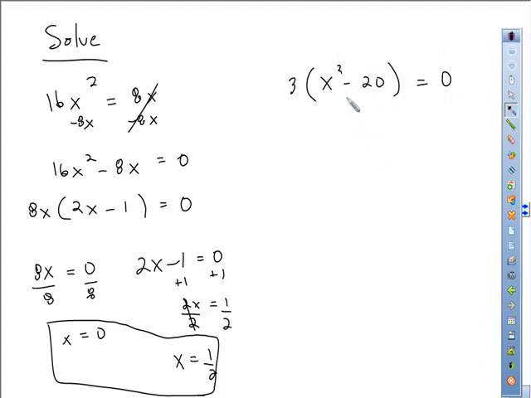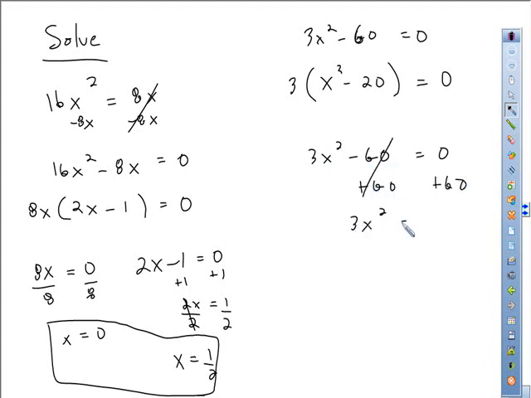Let's say the original problem here would have been 3x squared minus 60 is equal to 0. If you're going to solve 3x squared minus 60 is equal to 0 using the square roots method, you have to try and get x squared by itself. So you would add 60 to both sides. You get 3x squared is equal to 60. Divide by 3.